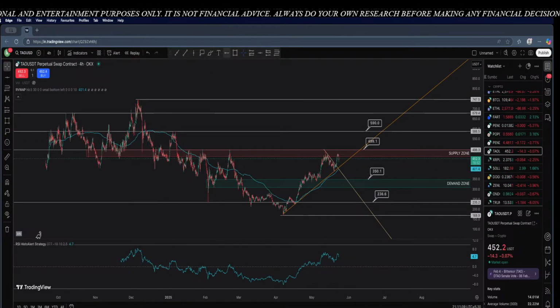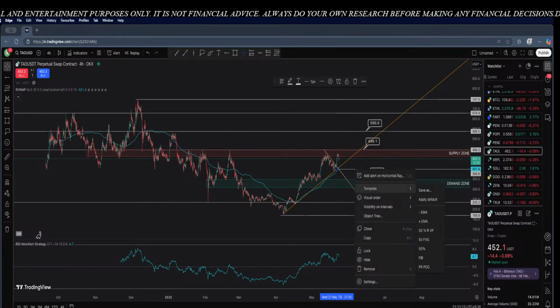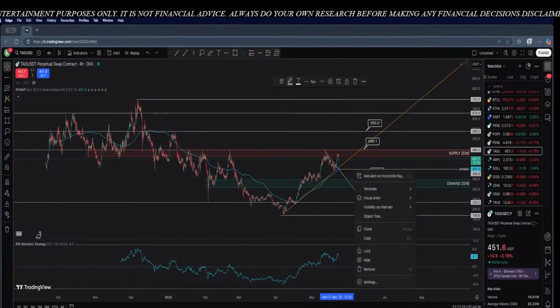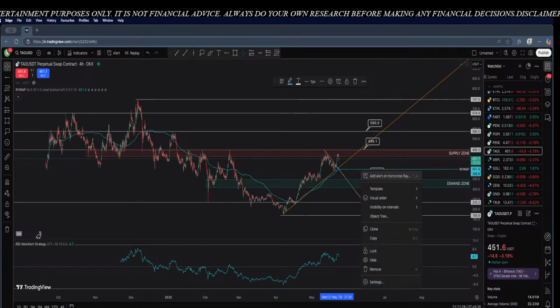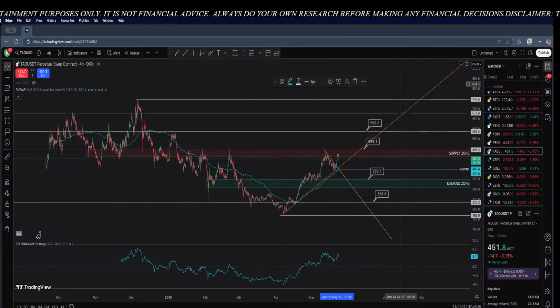We do also have the VWAP at 399. Where do I have... There we go.